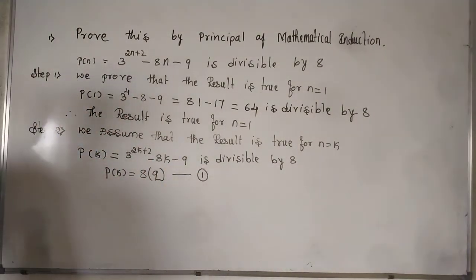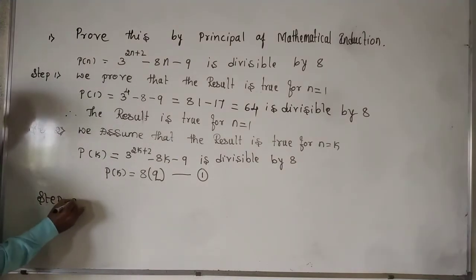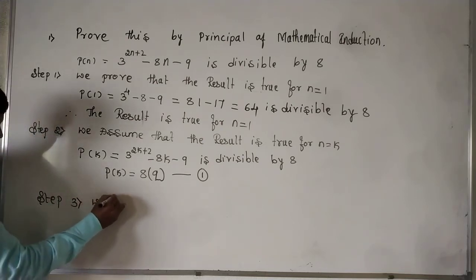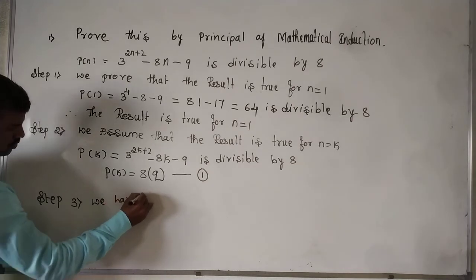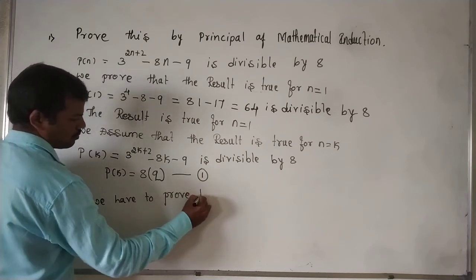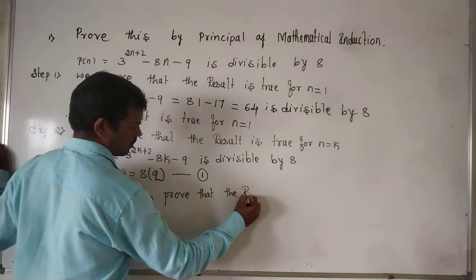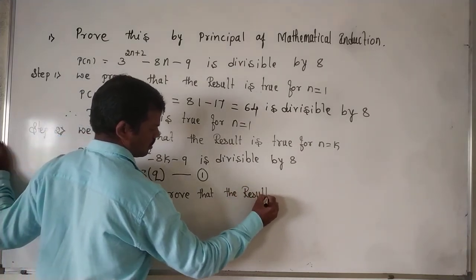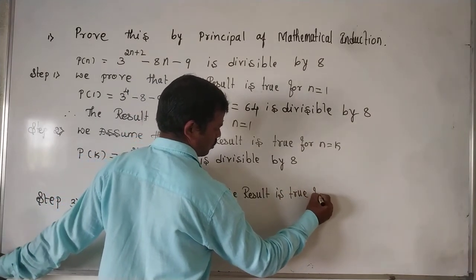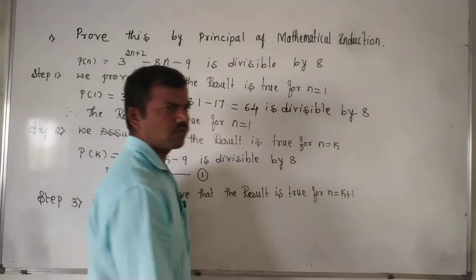So next, step 3. Step 3 says that we have to prove that the result is true for n equal to k plus 1. What we have to prove?